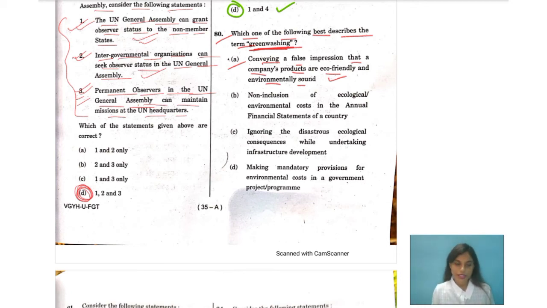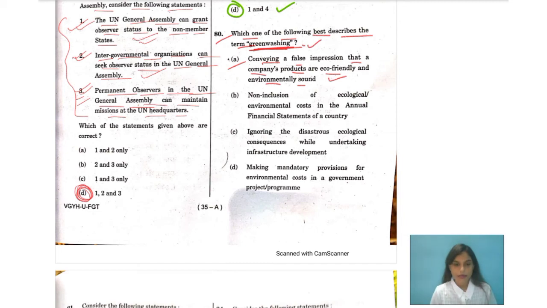It is basically happening nowadays because most of the products are marketed in a way that they are shown to be environmentally friendly, but that is actually not the case. So greenwashing is going on nowadays.